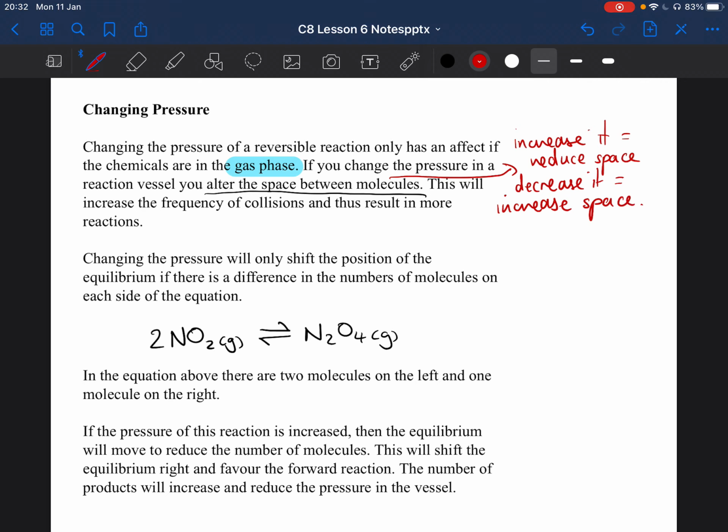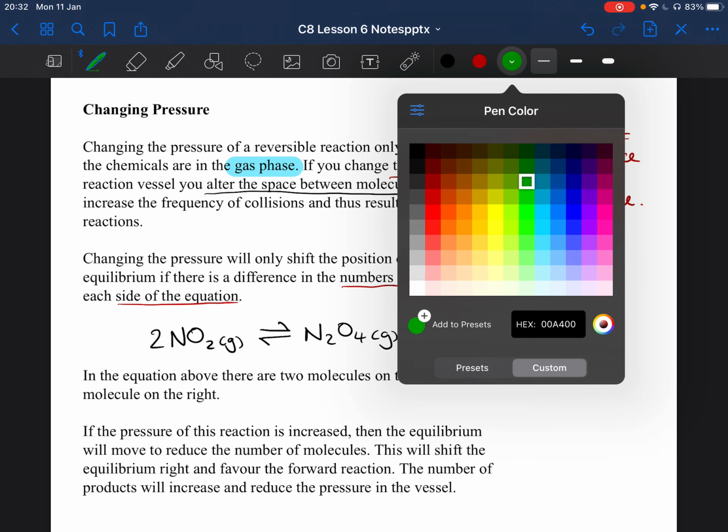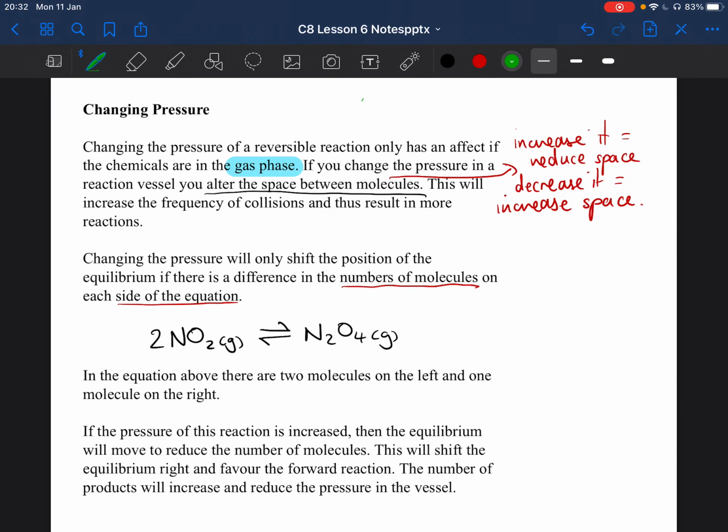So when you look at Le Chatelier's principle in terms of pressure, what you actually have to do is count the number of molecules on each side of the equation. So if we look at this example here, I'll just stick my green back on that pen for you guys. What we have on this side is 2, and unfortunately we don't have a coefficient here on this side.